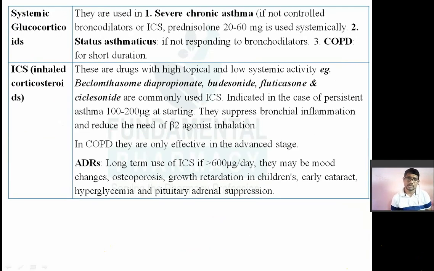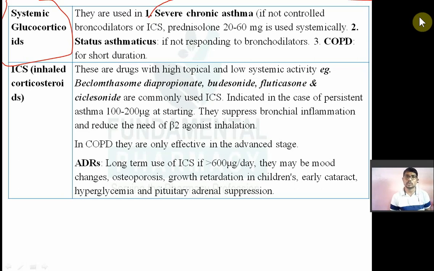Now systemic glucocorticoids, the ones given orally, are called systemic glucocorticoids. Mainly prednisolone is used. They are used in very few cases, for example, in chronic asthma not controlled by inhalation glucocorticoids or bronchodilators.